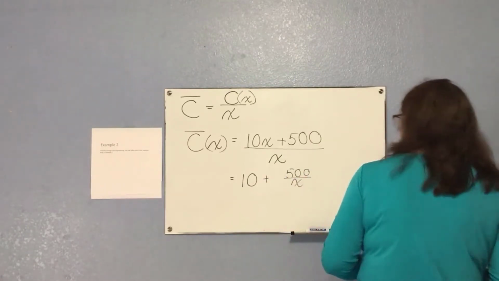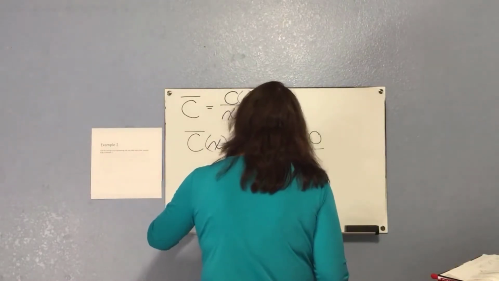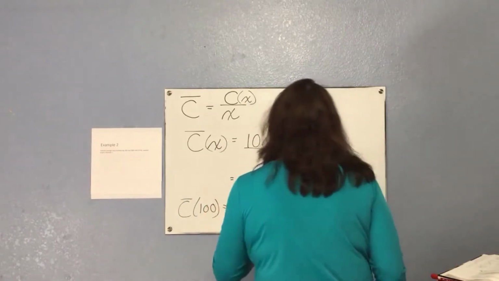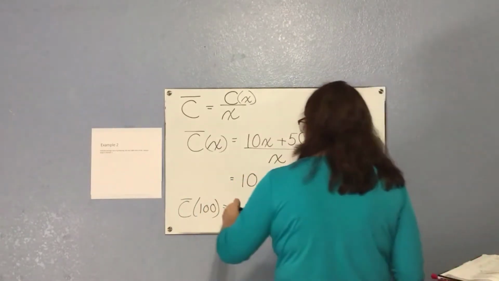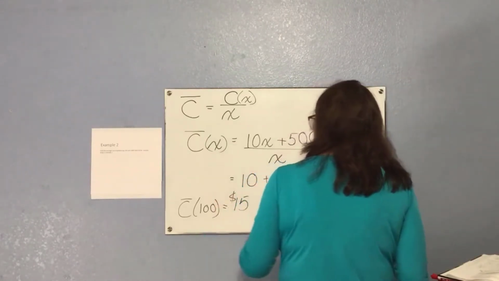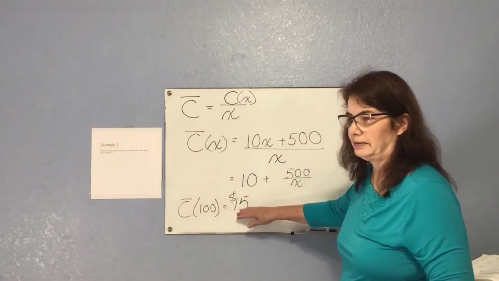Now I want to know, what is C bar of 100? I replace this x with a 100. 500 divided by 100 gives me 5, so this is 15. If I only make 100 units, each unit is going to cost me $15 to make.